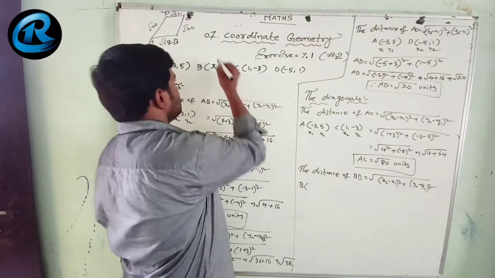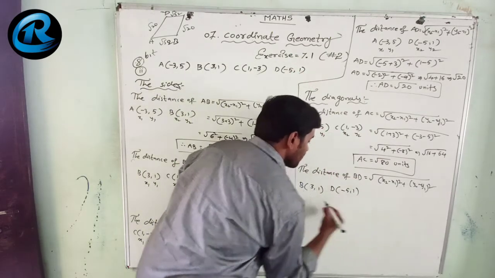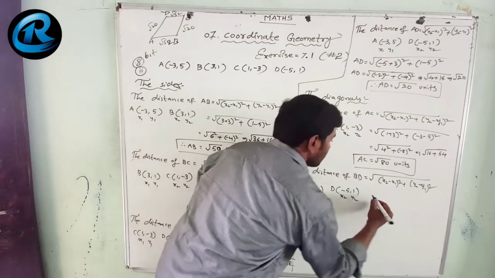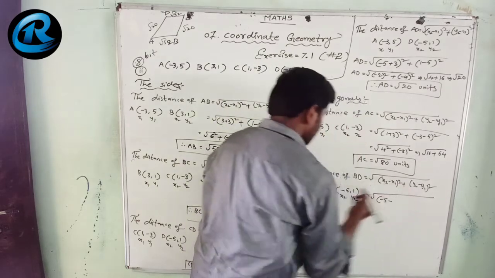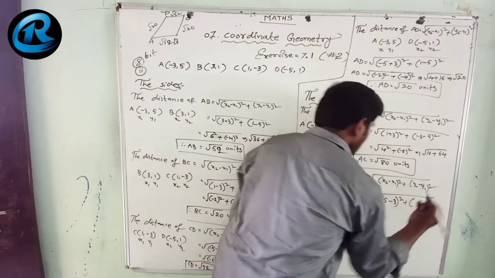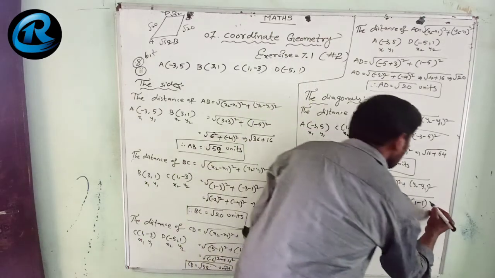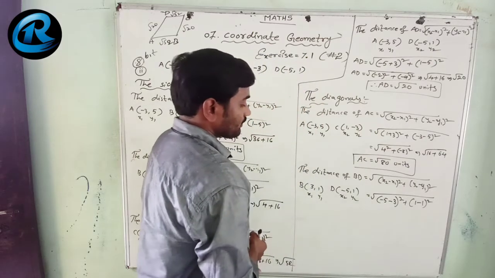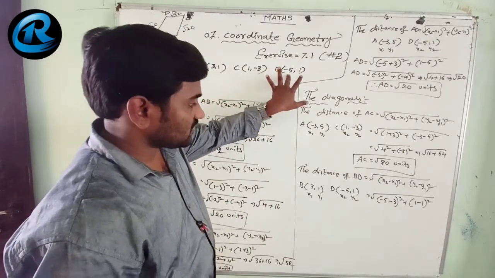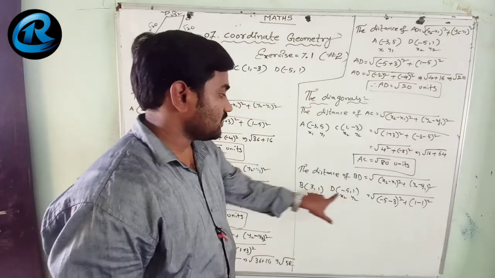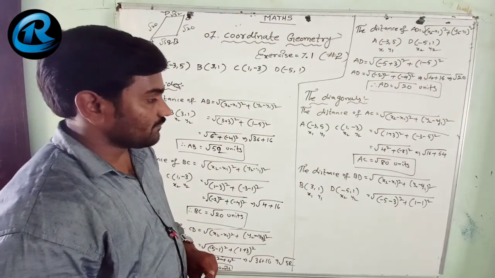Here B is 3 comma 1 and D point is minus 5 comma 1. x1 comma y1, x2 comma y2. Let us substitute: x2 is minus 5 minus x1 is 3, whole square, plus y2 is 1 minus y1 is 1, whole square.